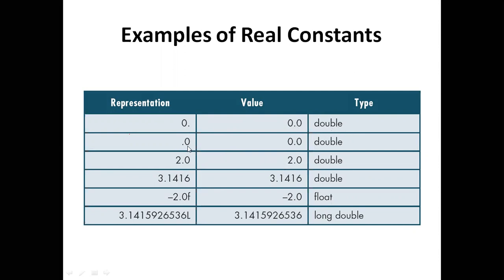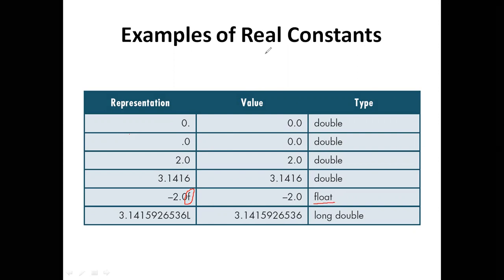The values here are of double type. If you indicate f at the end of the value, such as minus 2.0 f, it is going to take the value minus 2.0, and the value is of floating point type.